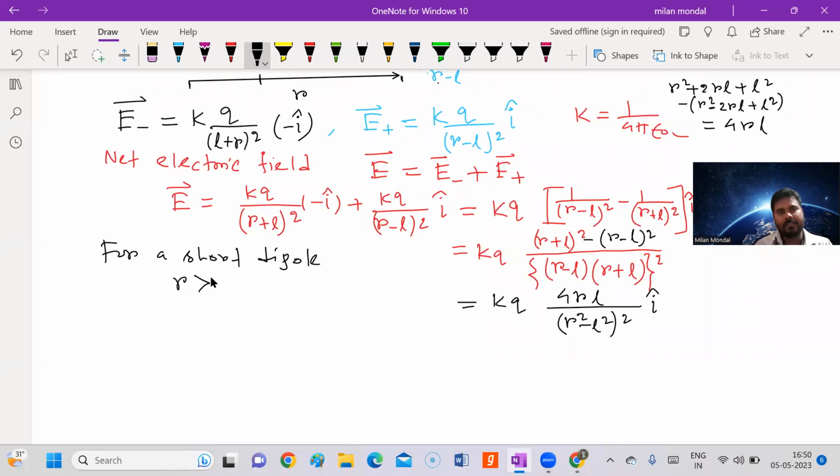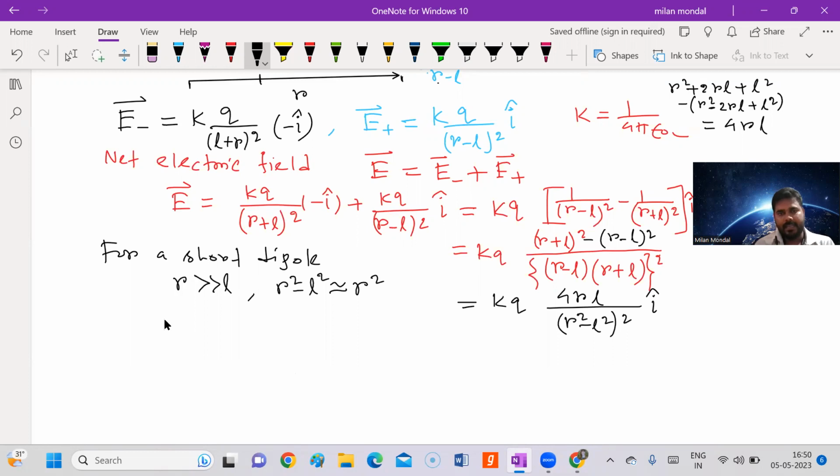That means R is very, very greater than L. Then L square will be a very small quantity compared to R square. So for that reason, we can write R square minus L square as R square, because L is a small quantity and L square will be smaller than that also. As a result, we are neglecting that.